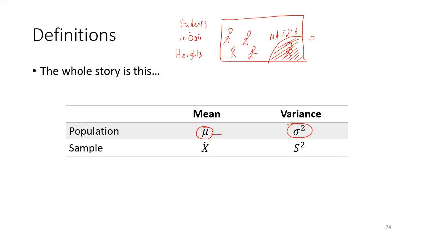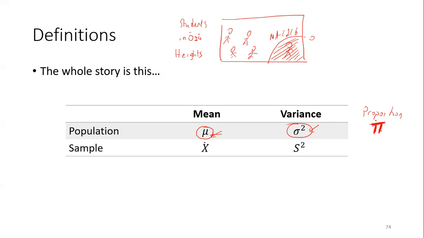But it's almost impossible, even if it is possible, it's very expensive to calculate real mu or real sigma squared. Or, in fact, let's add one more, proportion, which let's denote by capital pi.